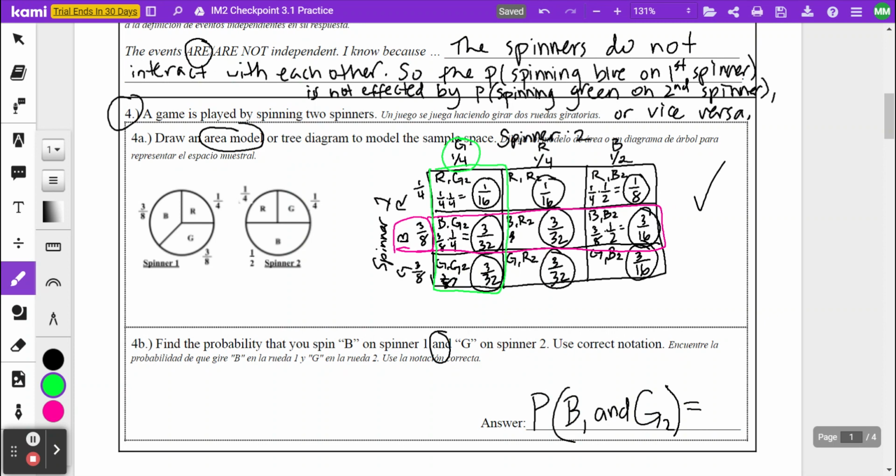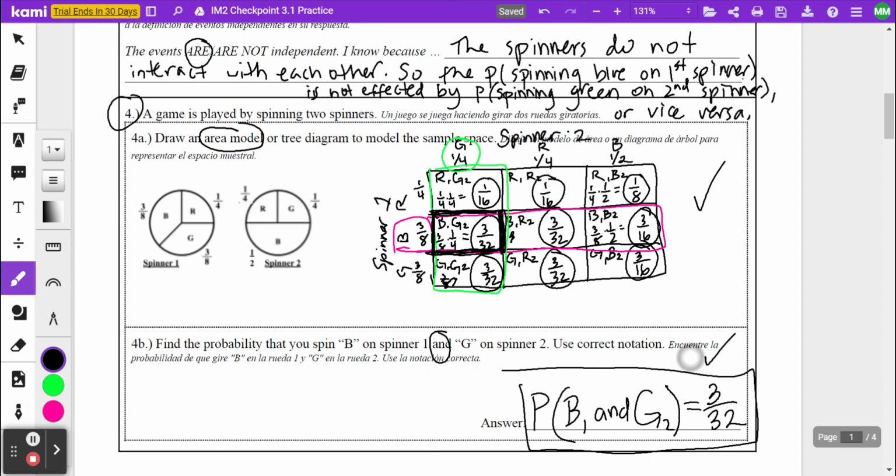And the only one which allows for that to be the case is this one right here. So this answer is 3/32. Bada bing, bada bing, bada boom, all done.